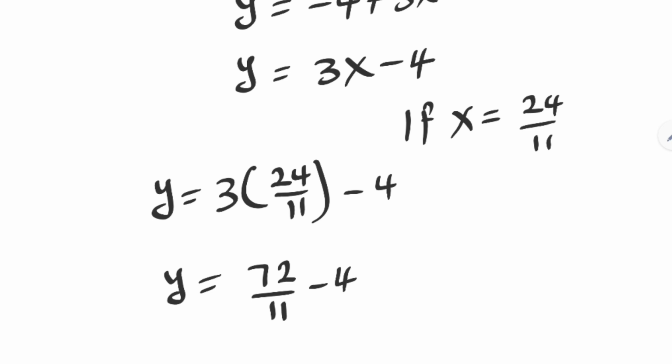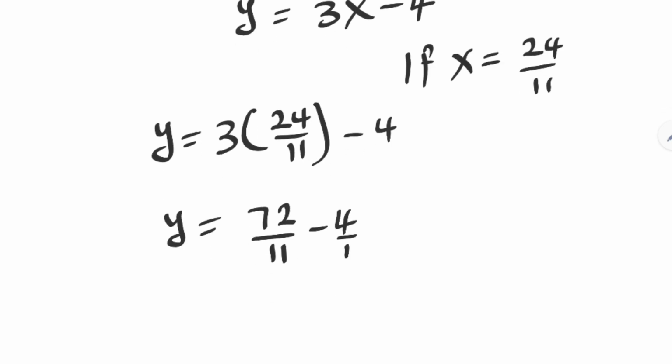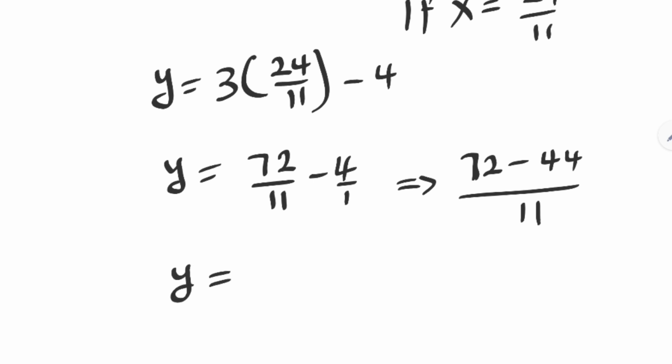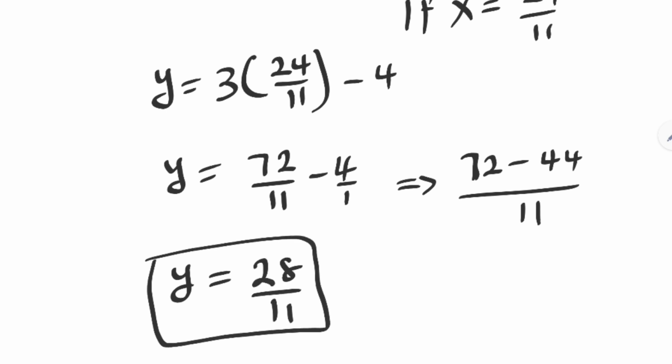Now this is the same thing as 4 over 1, so the LCM is 11. We have 72 minus 11 times 4, that is 44 over 11. So y is equal to 72 minus 44, that is 28 over 11. Then this is the value of y.